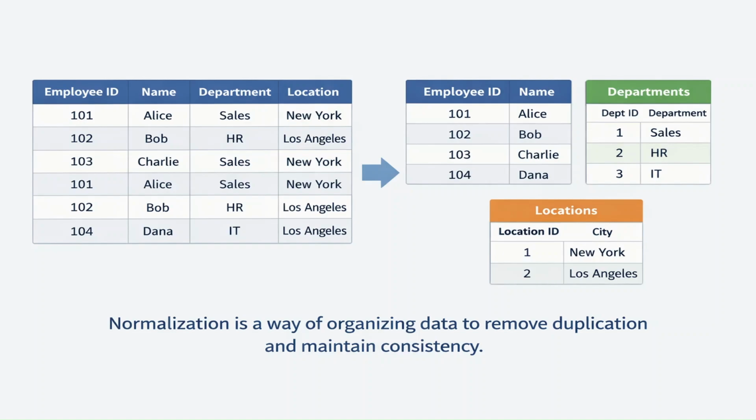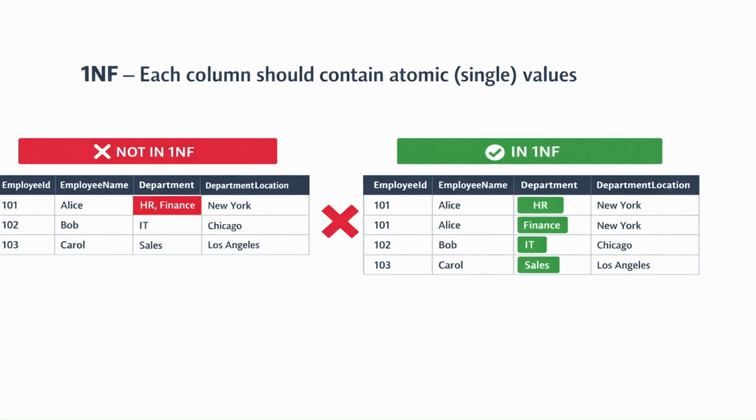So let's check out the first rule. The first rule is first normal form. It says each column should contain atomic values, or single values. This is an example of bad design. Same table, that same dirty table which we have seen earlier.